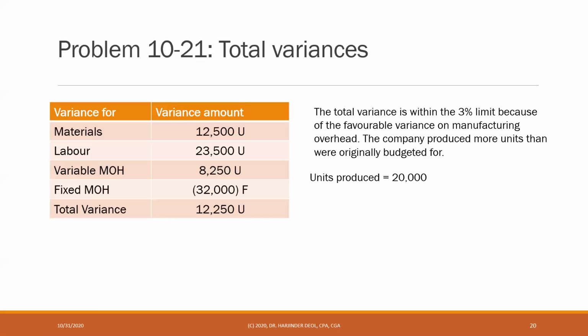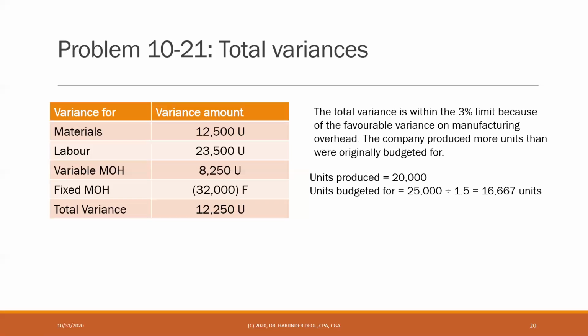The company produced 20,000 units compared to what they were budgeting for. Recall the denominator hours were 25,000, and each unit needs 1.5 hours of labor time. If you divide the 25,000 hours by the 1.5 per unit, the company was only budgeting to produce 16,667 units.